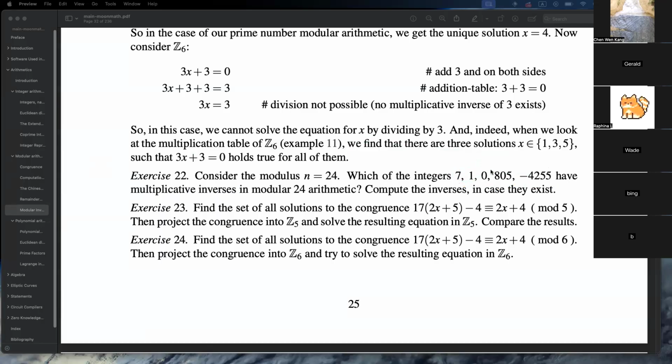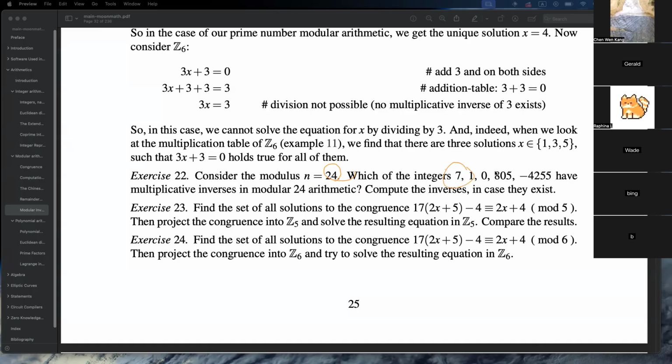I'm not going to do the big numbers because I'm lazy. But let's try to compute the inverse of 7 in modular arithmetic 24, because the GCD of 24 and 7 is technically 1. Let's just find 7.